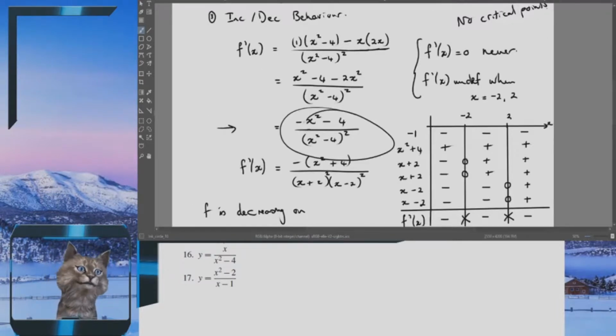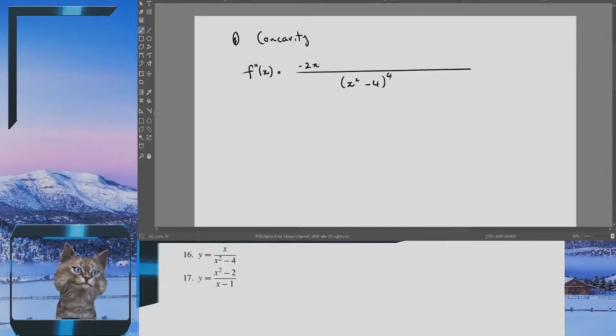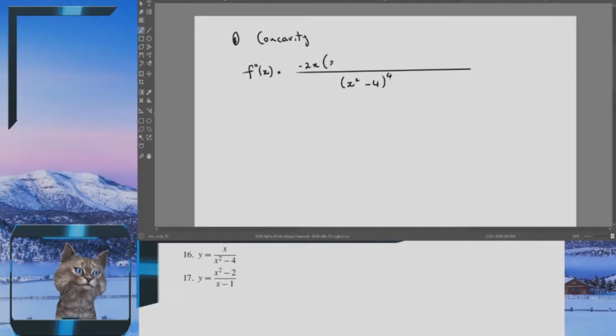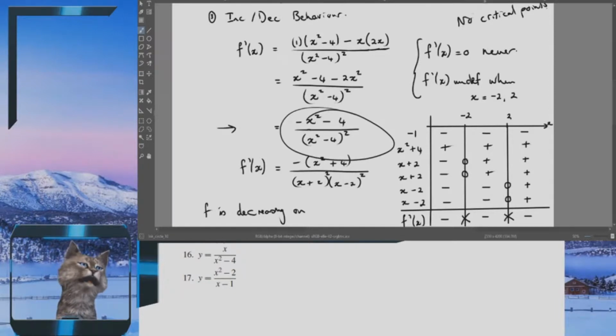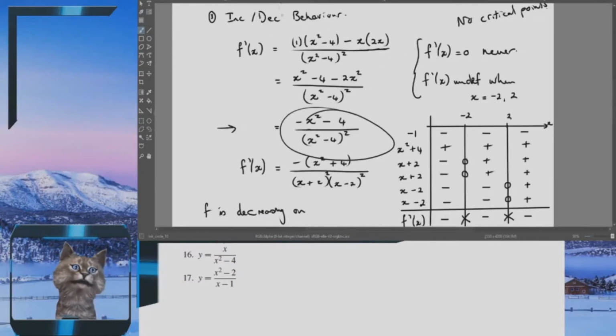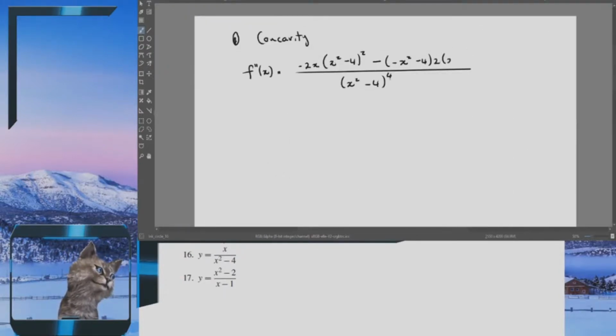Then it's going to be the derivative of the top, which is negative 2x, times the bottom, which is this bracket squared, minus the top, negative x squared minus 4, times the derivative of the bottom, which is going to require a little chain rule, 2 times the bracket to the power of 1, times the derivative of the inside function, and there is our quotient rule done.